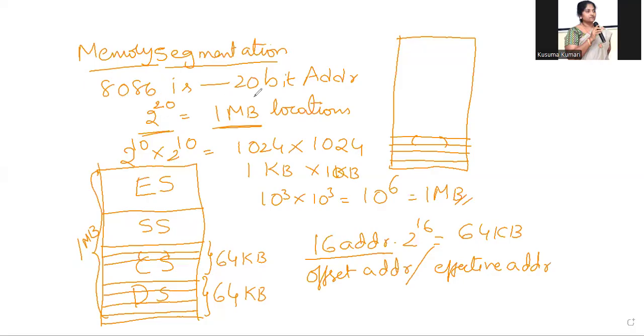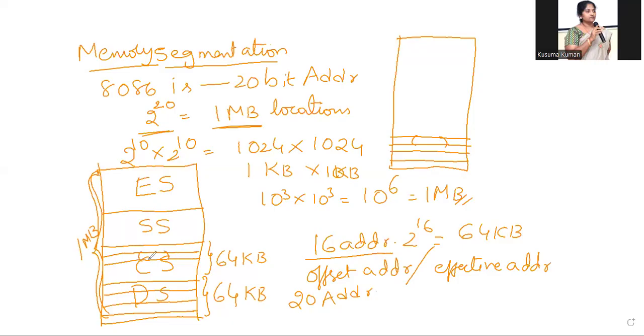the 8086 has 20-bit address lines. So this memory location can also be identified within the entire memory. If this memory location is identified within the 1 megabyte of memory, then 20 address lines are used.